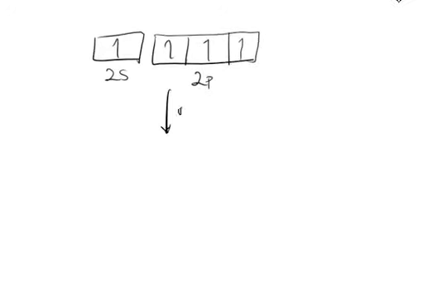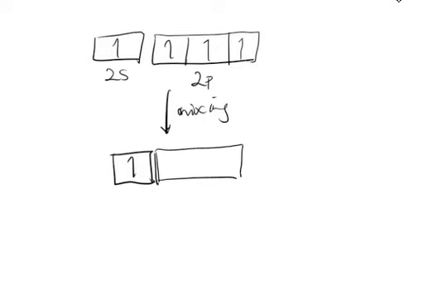So for alkanes, the mixing will occur in this manner. The 2s will mix with the 2p just this way, and then they'll form an sp3.